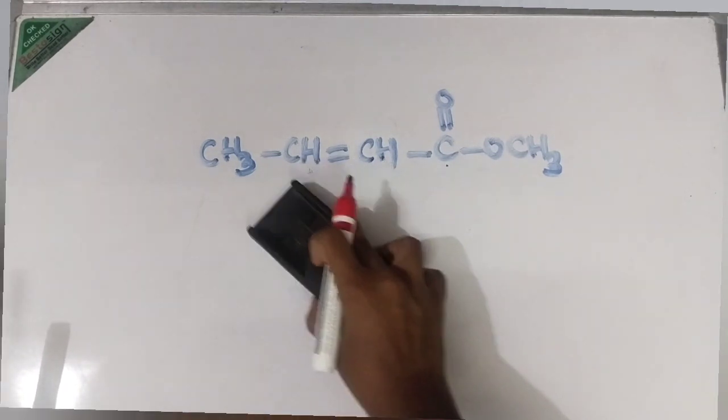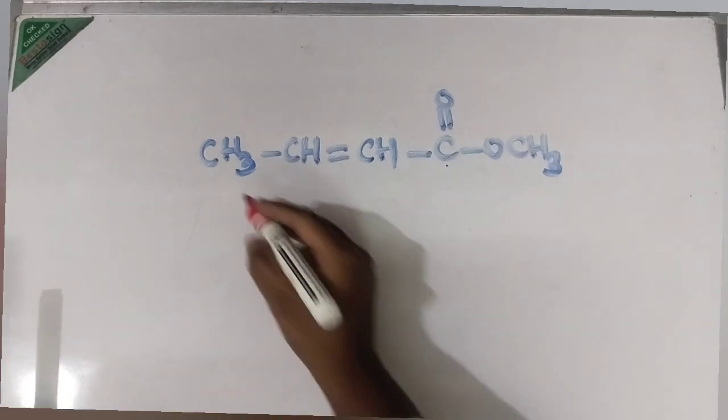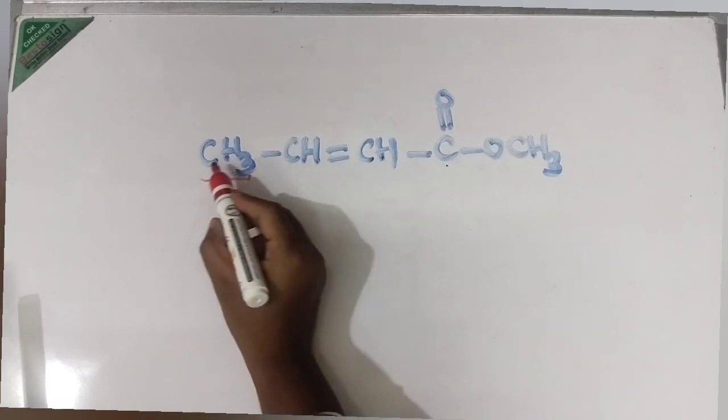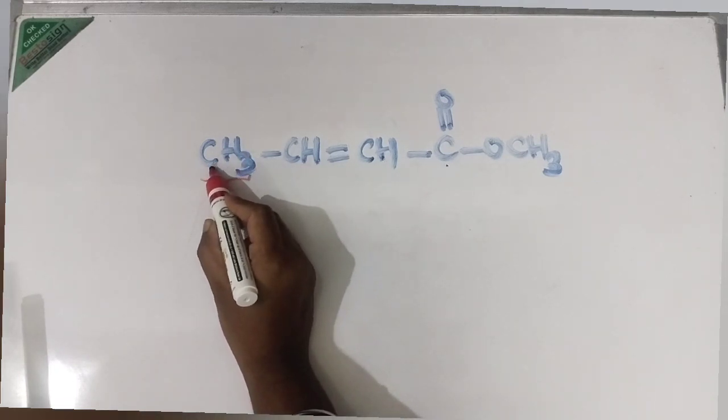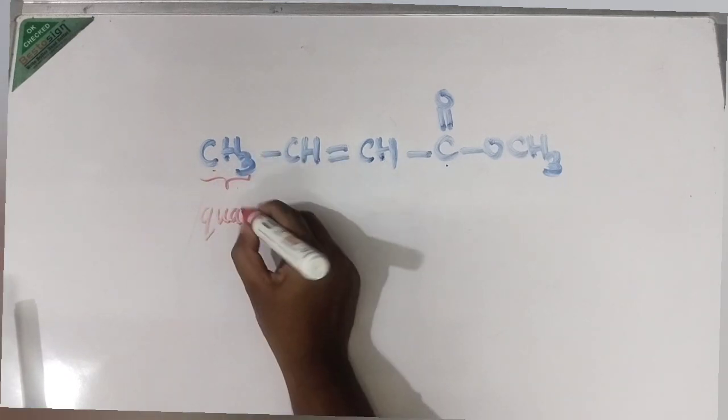So, if you want to find the multiplicity of C-13, it is very simple. Just look for the number of hydrogens attached to the carbon. See, in this case, 3 hydrogens are attached to the carbon, right? Hence, this is a quartet.